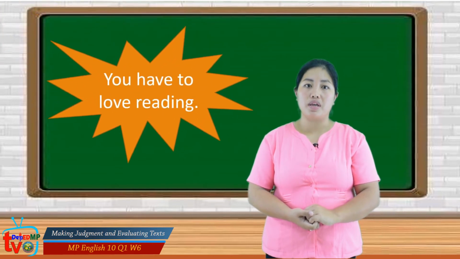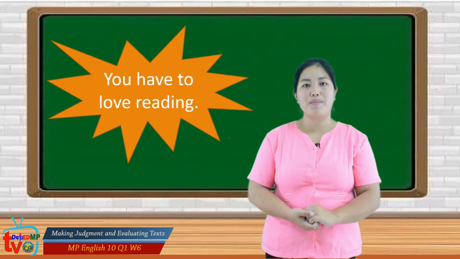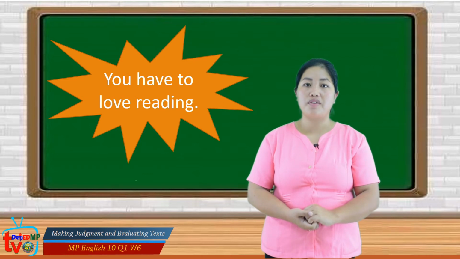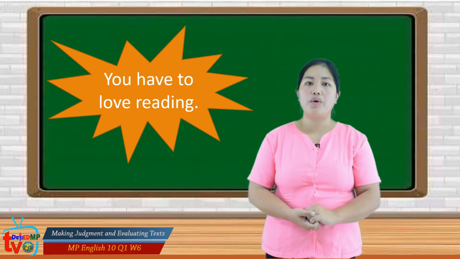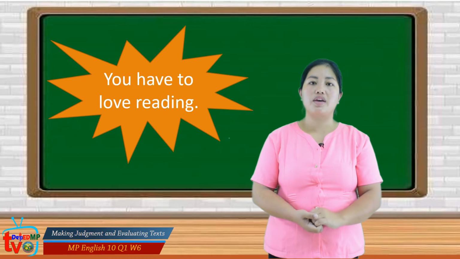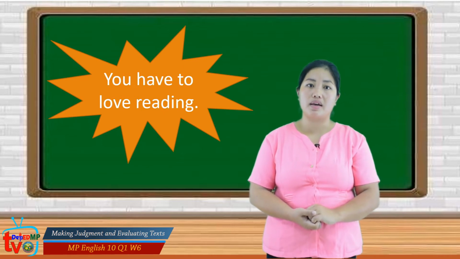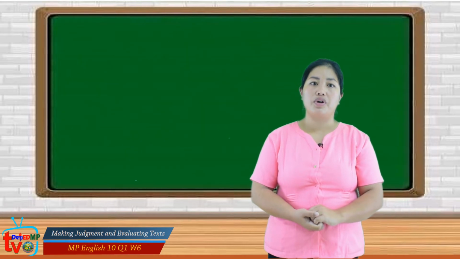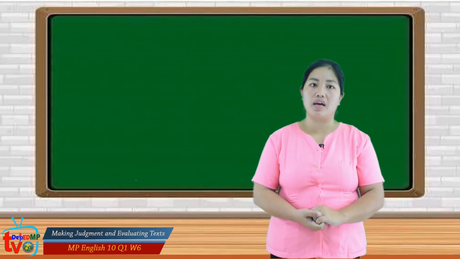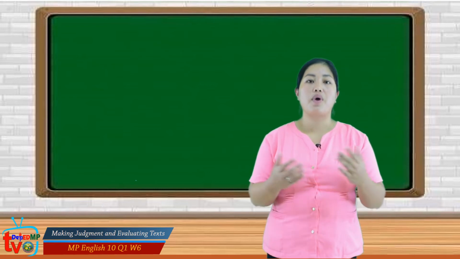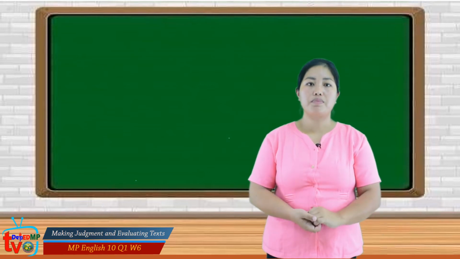If you hate reading, well, from now on, you have to start loving it. Because how can you start critiquing without even trying to read the text or paragraph that you will critique? Well, I'm sure you'll have a difficult time critiquing a text without reading it first. So, to help you, here are some tips for writing a critique.